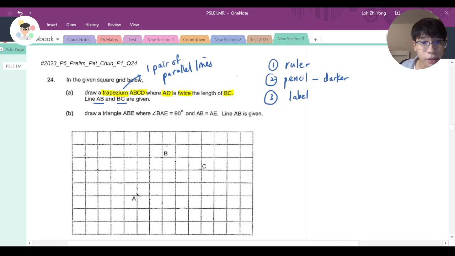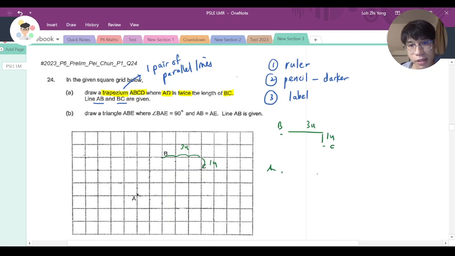Twice. So let's look at here. Let me just use green color. A, B, C, D. So 1, 2, 3, here is 3 units. Here is 1 unit. So if it's twice, you should expect that it should be double. BC is 3, 1.